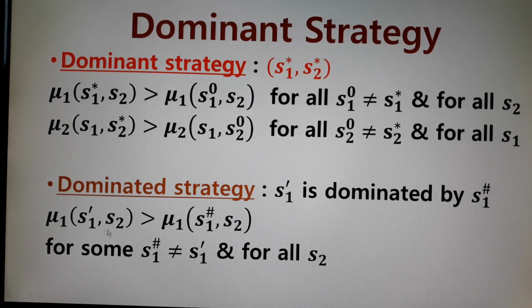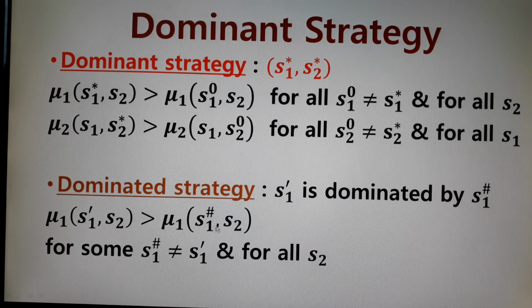I make a lot of mistakes. I apologize in advance. So when S2 was chosen, if you have S1 prime that gives player 1 the bigger payoff all the time compared to S1 sharp, then S1 prime dominates S1 sharp. Here, we say for some, against for all: the dominant strategy should beat everybody else.